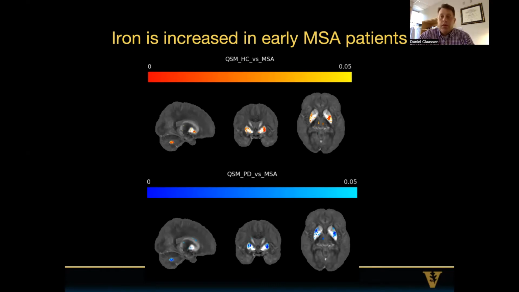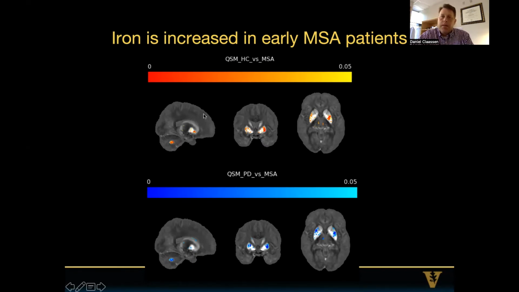And so one of the interesting things that we're seeing now is that where the iron is and how much is there directly relates not only to the diagnosis of MSA, but also the severity of symptoms. And so in this top row, you can see a sagittal, a coronal, that's head-on, and an axial image. And where the dots are, that's where there's higher iron.